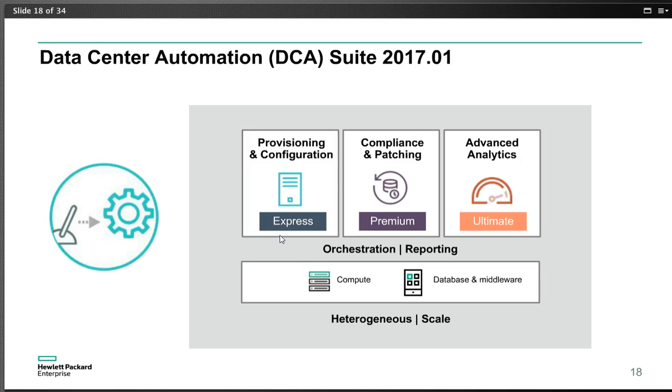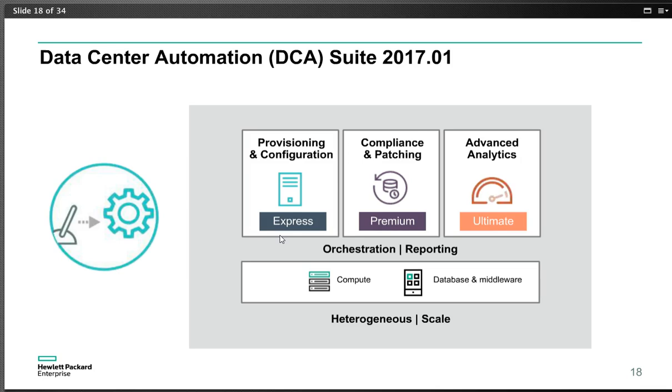And lastly, in the Ultimate tier, we are now introducing new functional use cases, specifically around optimizing your infrastructure by leveraging analytics.